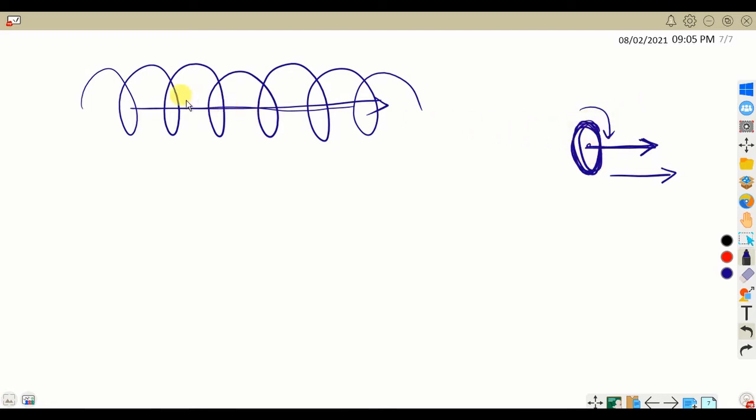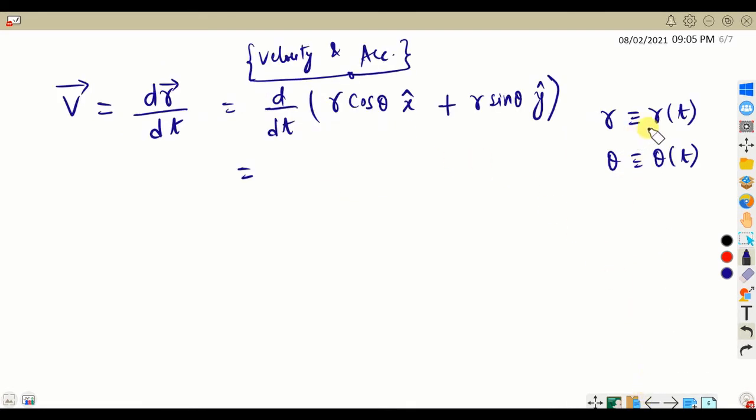So there is involvement in the r vector also changing, because it is changing from one point to another point. So in general r can be dependent on time, but we can always go to the specific case where r is independent of time.